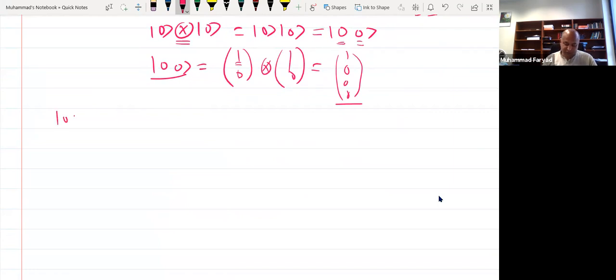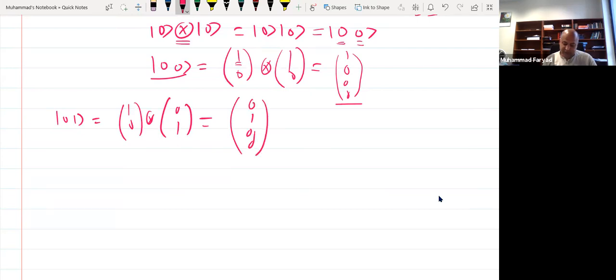Similarly, the 0 1 state is (1, 0) tensor (0, 1), which can be written as (0, 1, 0, 0). And if we have the 1 0 state, you can check it out yourself, it is (0, 0, 1, 0). And similarly, the 1 1 state is (0, 0, 0, 1).